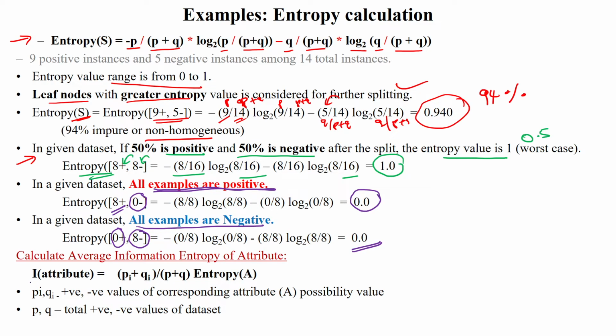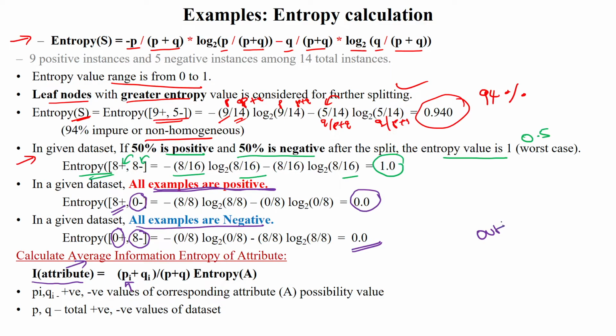Finally, we have to calculate the average information gain for each and every attribute. The information of the given attribute uses p_i, the positive samples in the ith value of the attribute.